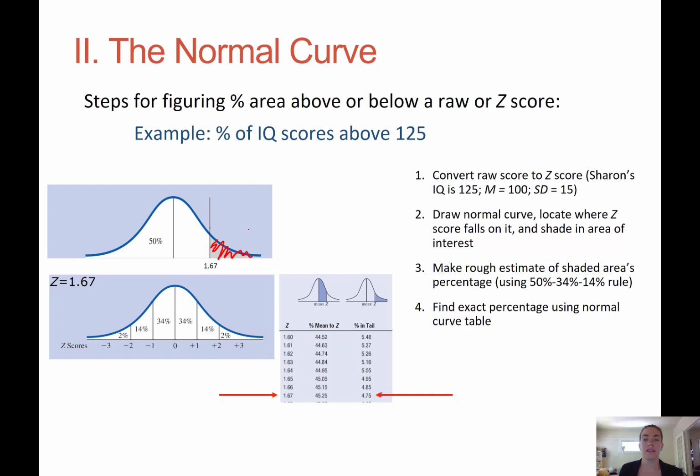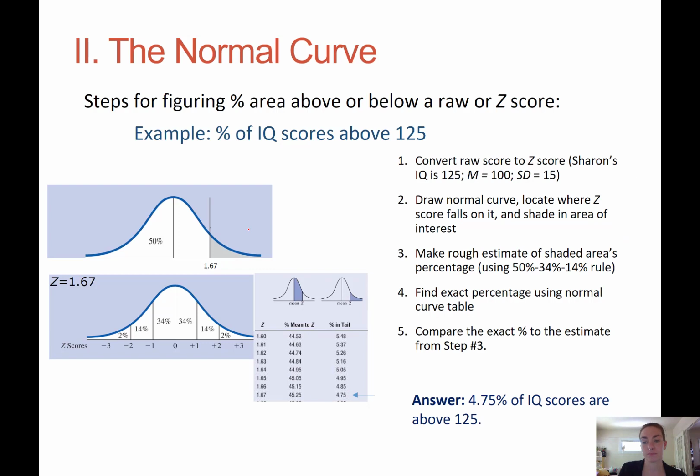To get the proportion of scores in that area, I will look up the percent in tail. And I can see that 4.75% of the scores fall in that shaded area. Or in other words, only 4.75% of people have an IQ score that is higher than Sharon's.